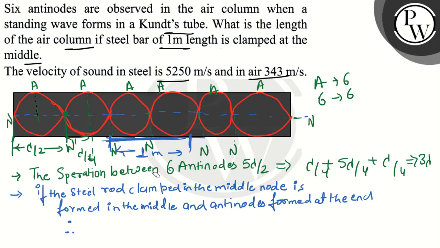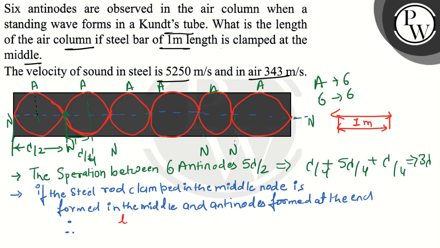Okay, let me draw it separately. The steel rod is of 1 meter, and it is clamped in the middle, a node is formed in the middle, and antinodes are formed at the ends. Therefore, what is the length of the steel? It is equal to lambda by 2.